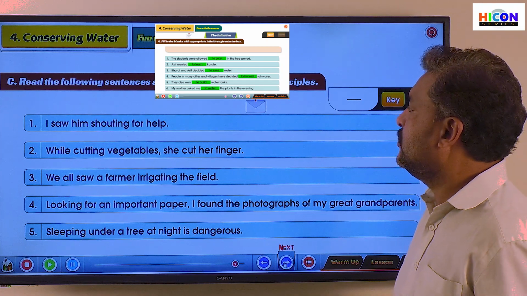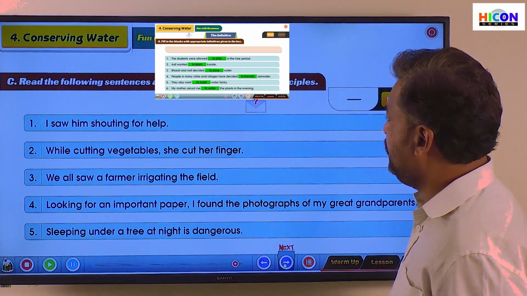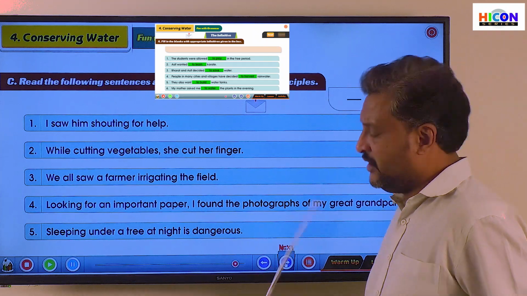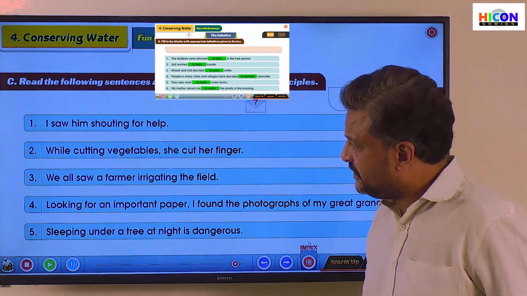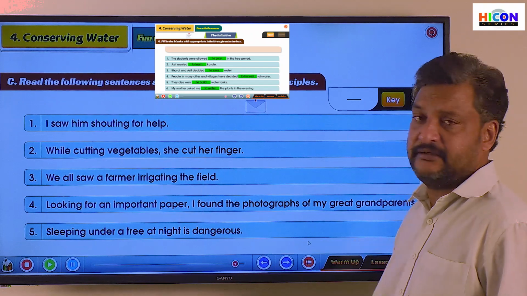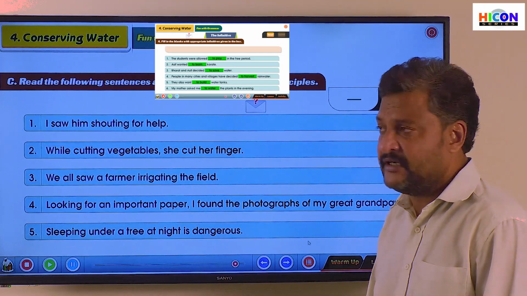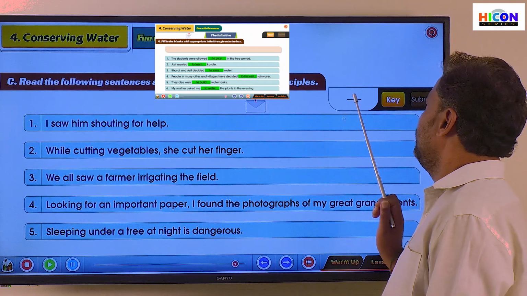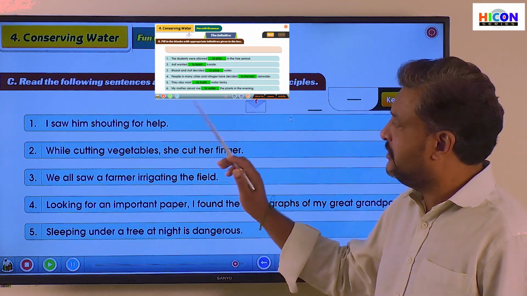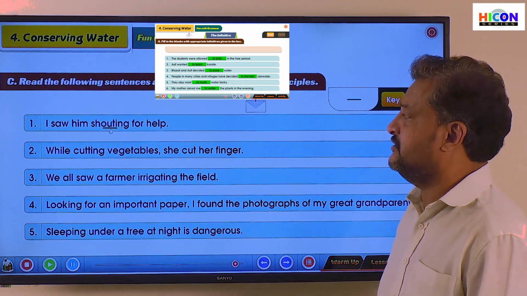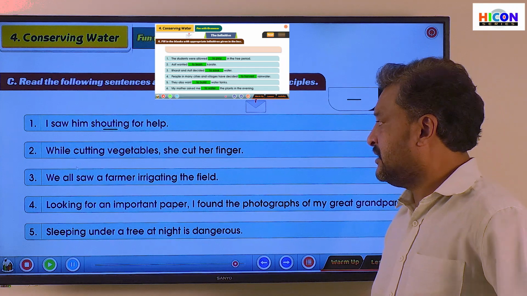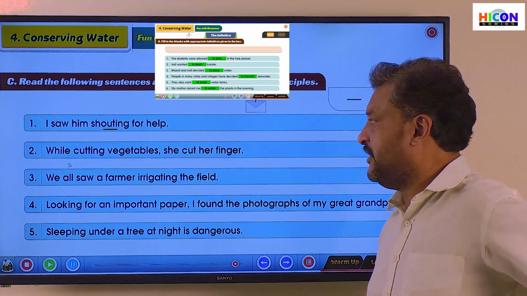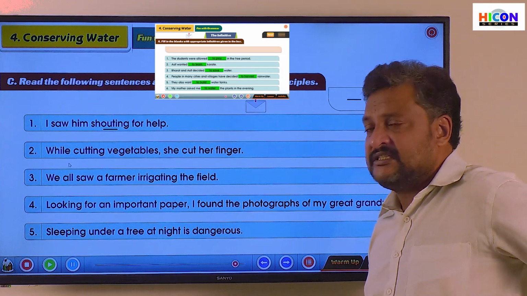Right? So, I saw him shouting for help. So what is the ing form of the verb there? Shout, shouting, isn't it? And that is a present participle. So what should we do? We need to take a line and keep it under shouting. While cutting vegetables, she cut her finger. So what is the present participle there?